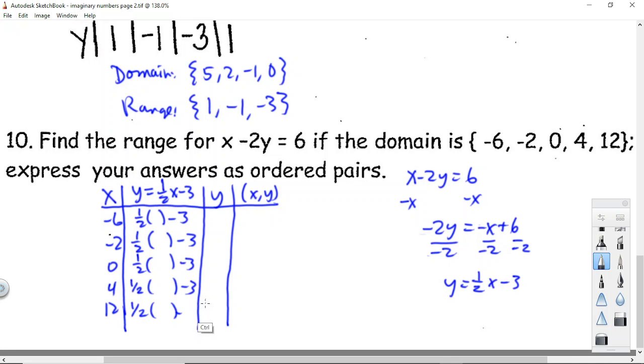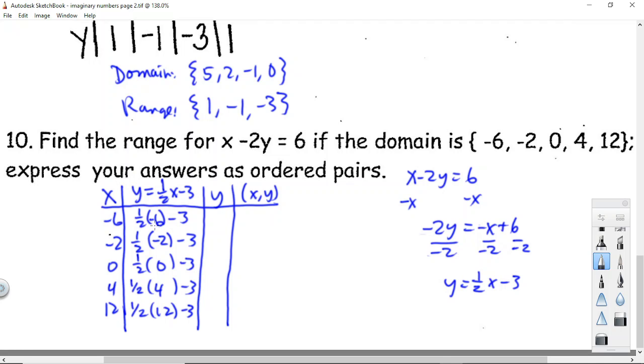Okay. So I think I wrote it down correctly each time. So we put in the numbers. They were very nice to give us all even numbers, because we have to multiply by 1/2. So it's great that they were so compassionate to us.